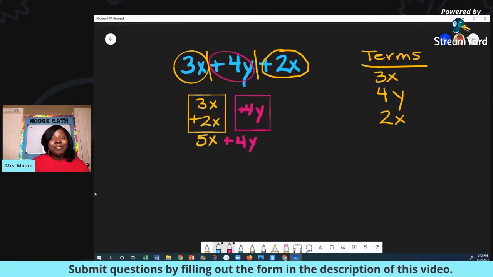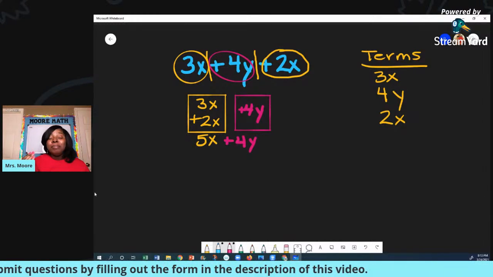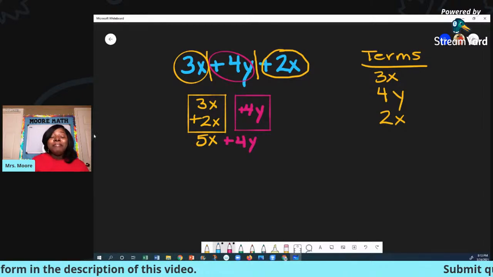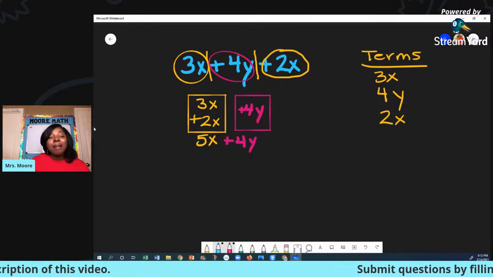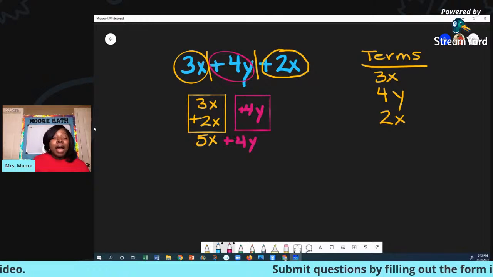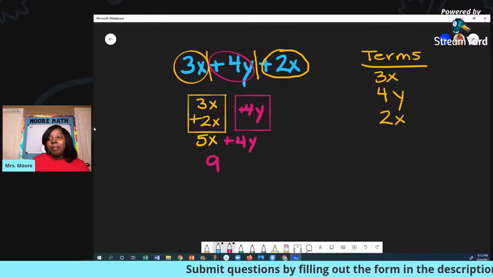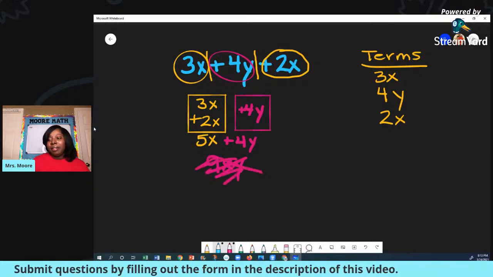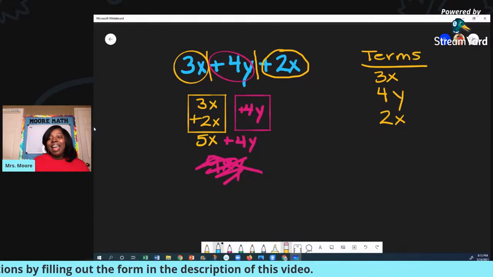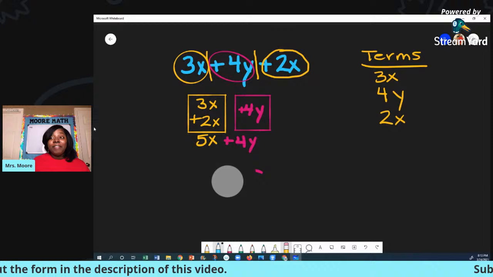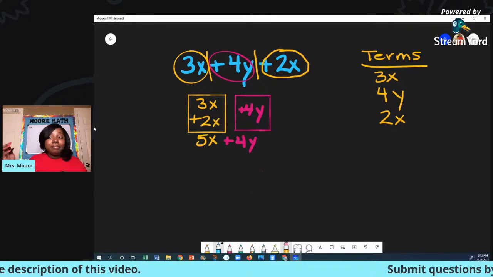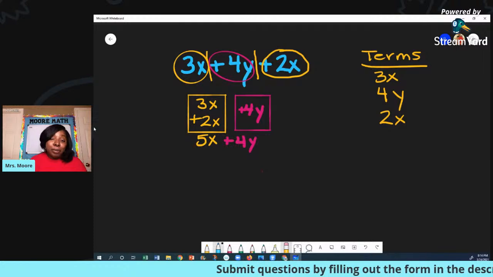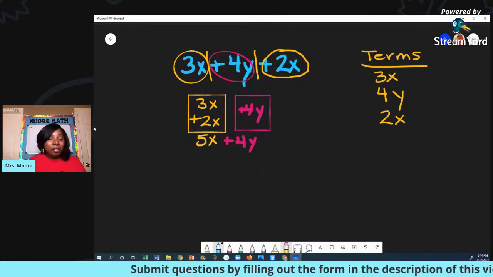Again, the answer looks very ugly, and you're going to be tempted to combine these two terms. You're going to be very, very tempted. I can't tell you how many times I see students do 5x plus 4y and try to combine it and make it look like this. No, don't do it. Okay, that's it. If I was able to combine them, I wouldn't need these boxes, right? So think of the x like apples and think of the y's like oranges.